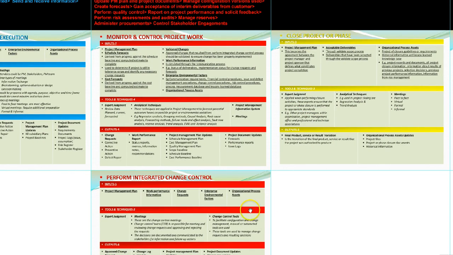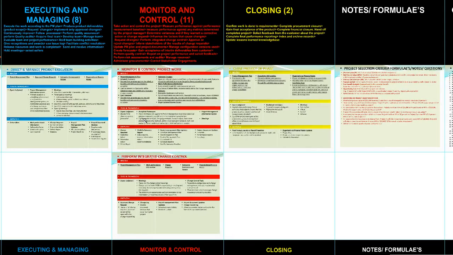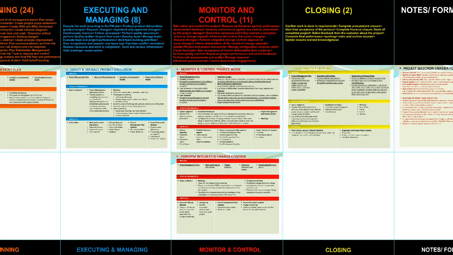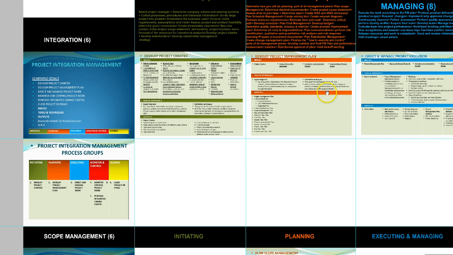process group. So the way this works is it works like a grid, and you have to know for the exam what process lies in which knowledge area, which process group it lies in, what process follows the previous process, and what process is before a certain process.